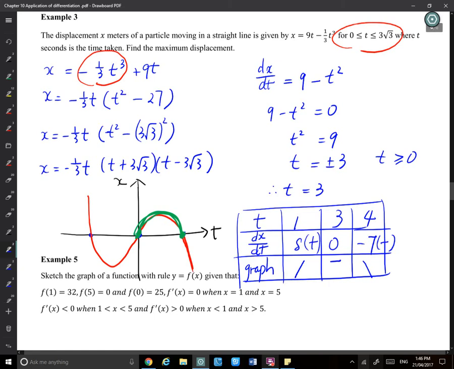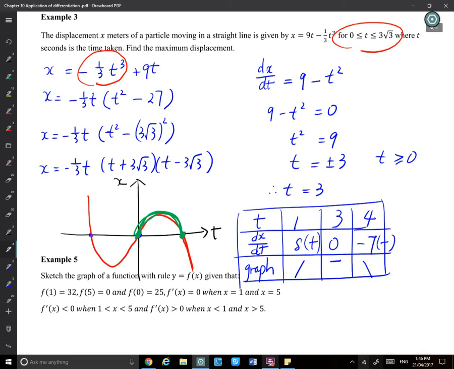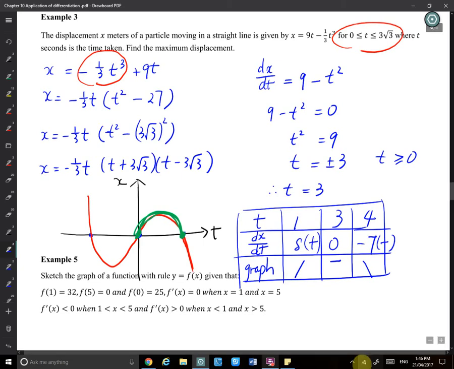But you haven't answered the question yet. It asks you what is the maximum displacement. You found the time that gives you the maximum displacement, but you need to find the actual displacement, this y value here.